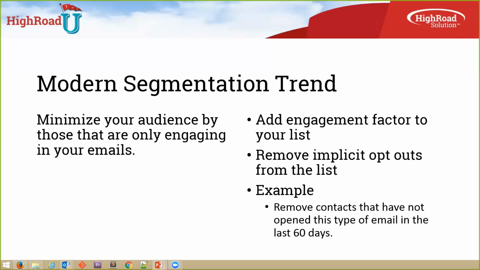And you should be removing some of those contacts that just are not engaged. And there are ways to get them back into the mix and make them engaged. Those are some marketing automation strategies that you can put in place. But engagement is now becoming a key factor in your list creation.